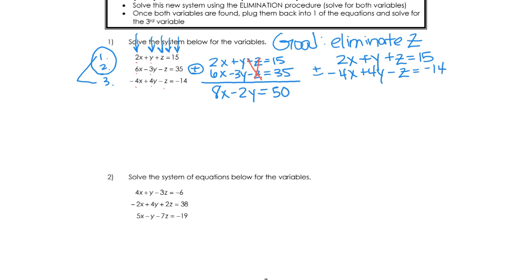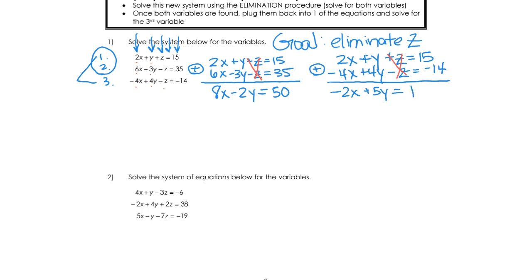Again, when the variables are opposites, we're going to add the 2 equations and they will eliminate. So we have 2x plus a negative 4x, or 2x minus 4x, same thing, is negative 2x. Positive y plus 4y is plus 5y. And the z's are opposites. They will eliminate. And we're going to have an equals, and 15 minus 14 is 1.